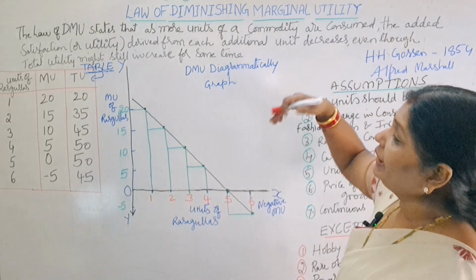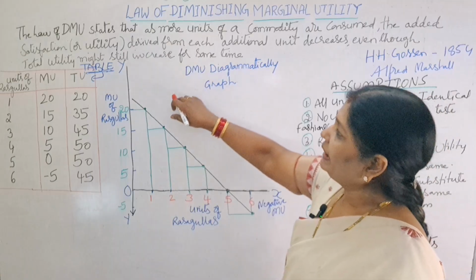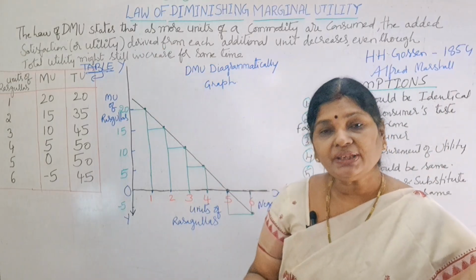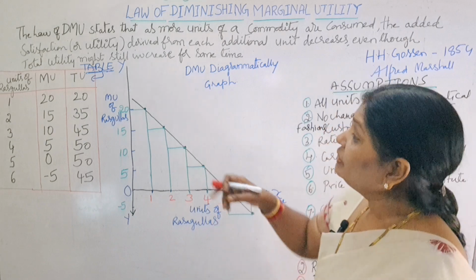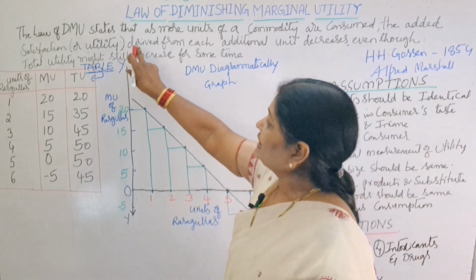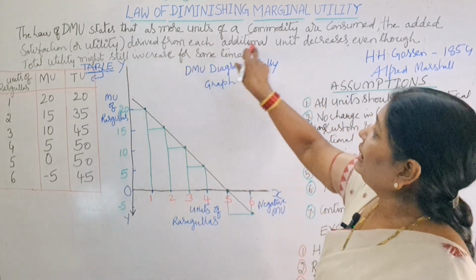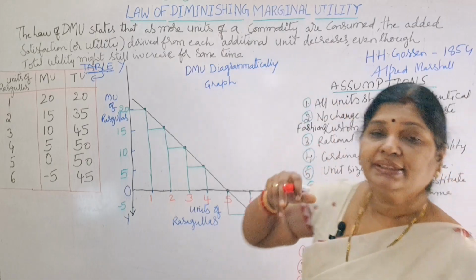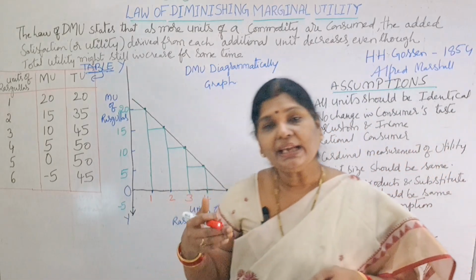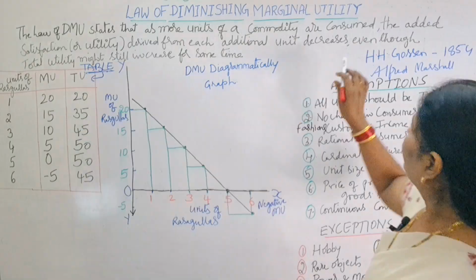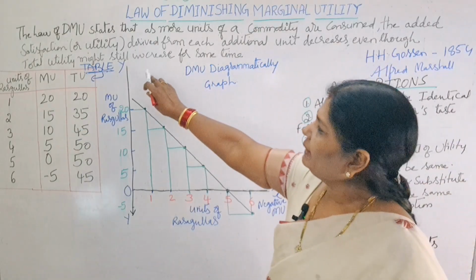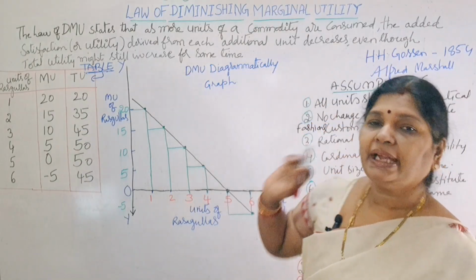When you add more and more samosas, what will happen? Whatever satisfaction we derive, we show in terms of utility, right? The satisfaction you derive from each additional unit decreases as you go on increasing the number of samosas, even though total utility might still increase for some time.